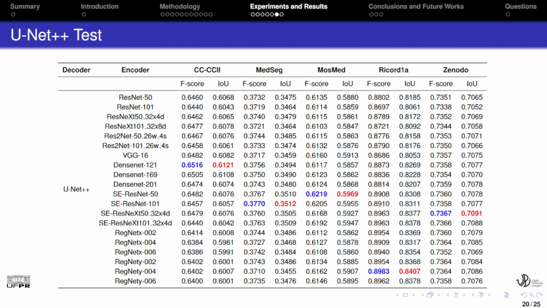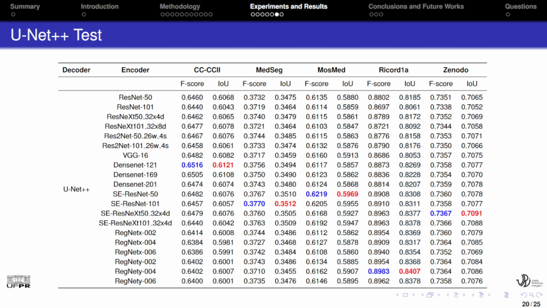We also performed an evaluation of all encoder-decoder combinations in the test set. However, in general, all networks achieved similar results to the validation, so due to limited time in the presentation, I will present just the results of UNet++, which outperformed the other decoders. The test results for all other decoders are presented in the paper.